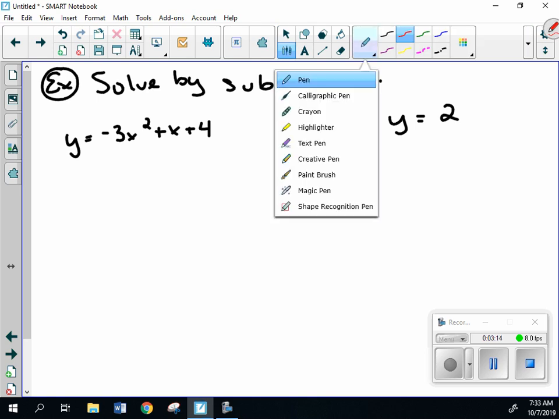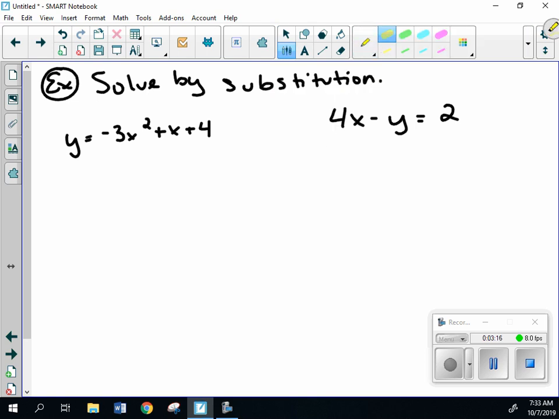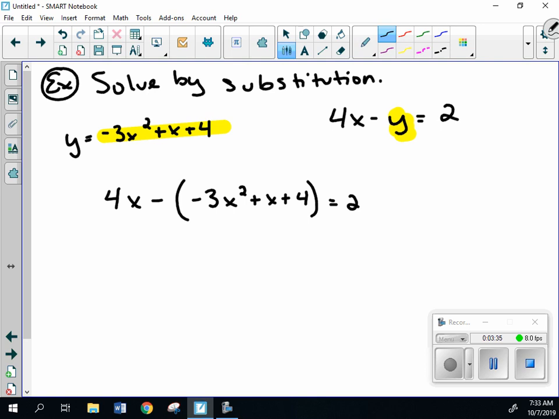So we're going to take that and plug it into this y spot. When we do that, we're eliminating having two variables in an equation. So we actually have 4x minus (negative 3x squared plus x plus 4) equals 2. Like I said, that eliminates the y, so we just are in terms of x.